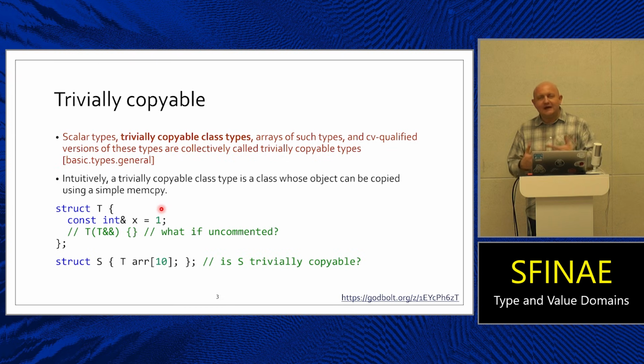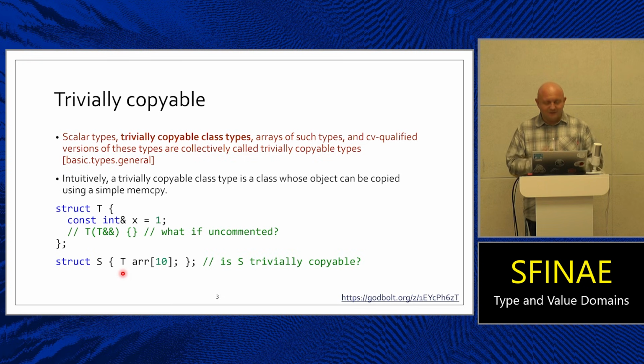So, is S trivially copyable? According to the standard, a constructor is trivial if the class has no virtual functions, no virtual base classes, and no non-static data members with default member initializers. So technically, T here may violate this condition, who knows? Please take some time to form your opinion on this topic.